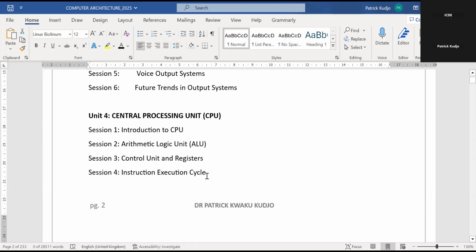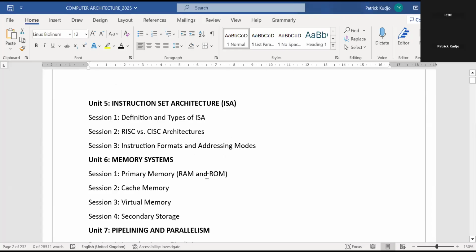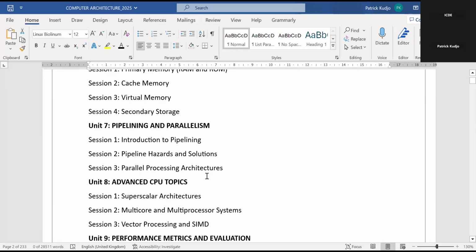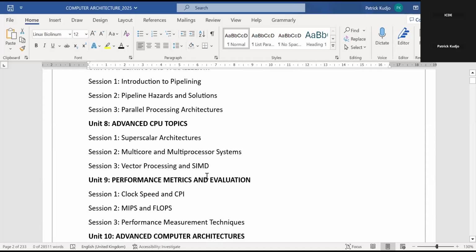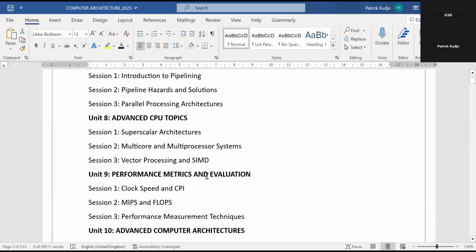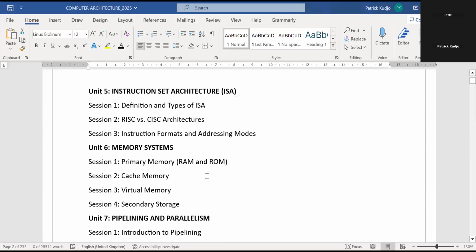Are you taking notes? Another group will present on unit 5, unit 6, unit 7, unit 8, 9. So just the major headings or the major units. You will distribute these topics to the various groups, and every group is expected to have a group leader and a group secretary.